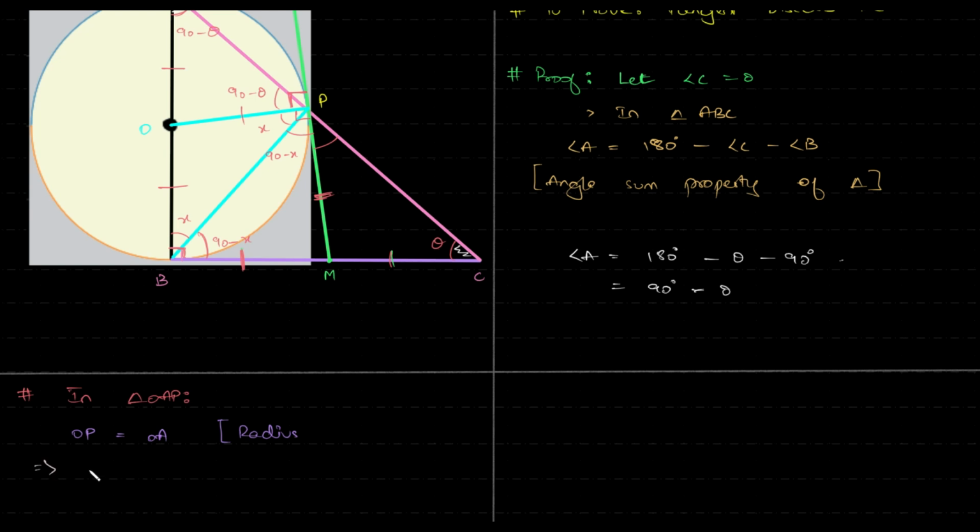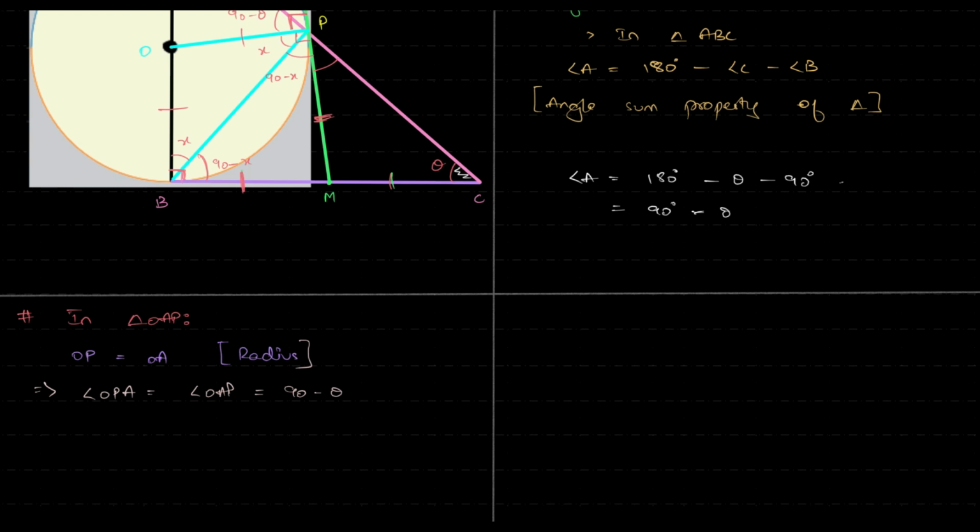We can imply easily that angle OPA is equal to angle OAP is equal to 90 degree minus theta. Reason: angles opposite to equal sides are equal.